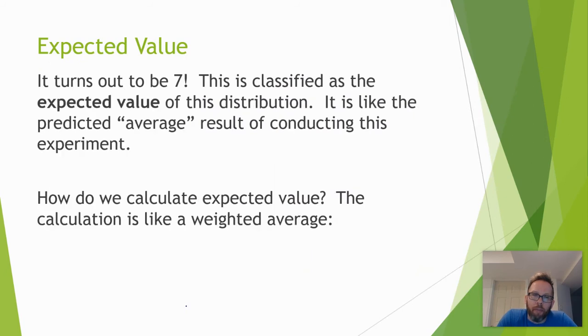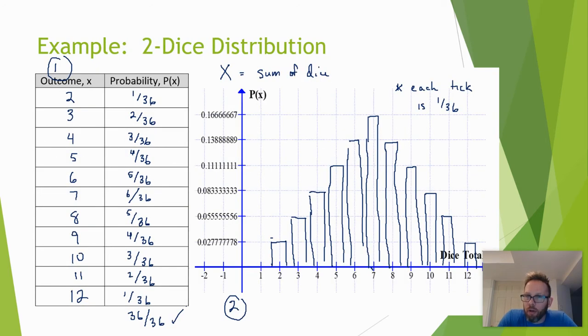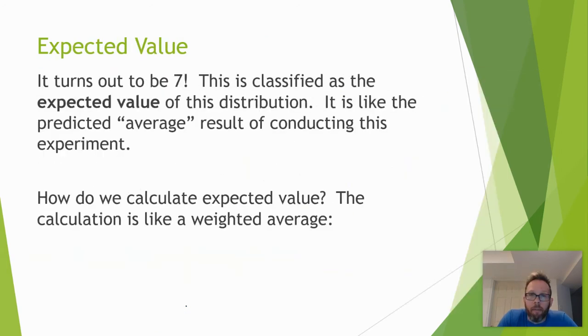All right. Well, it turns out to be 7. And many of you probably saw, hey, it's a symmetric histogram. 7's in the middle, the highest probability. Common sense might indicate it's probably going to be on average 7, and it is. This is the expected value of this distribution.